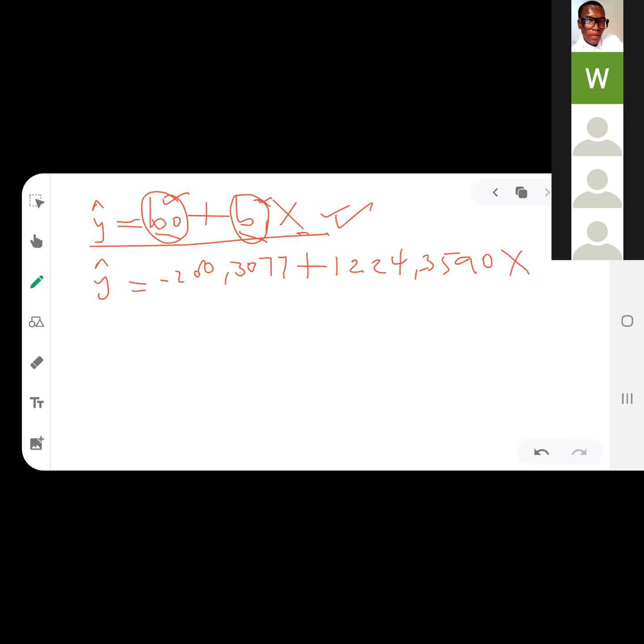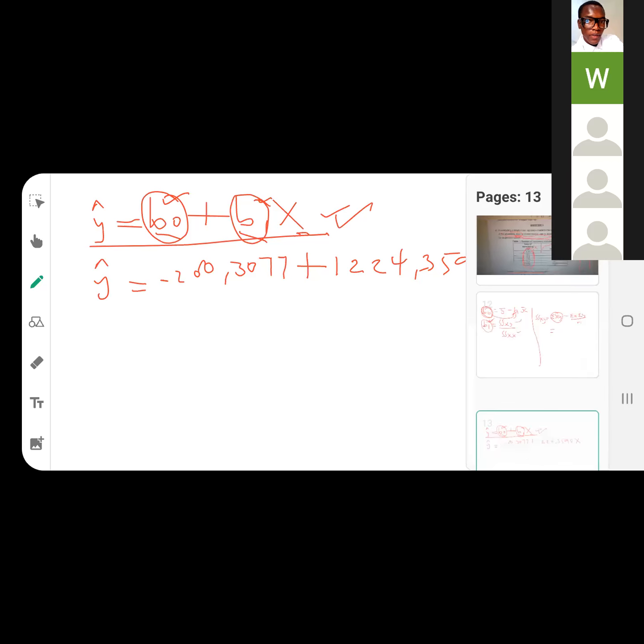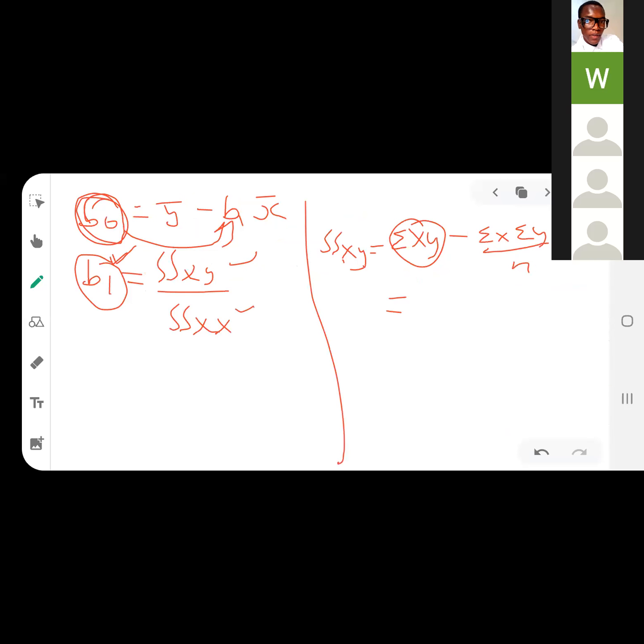You got all these values from your calculator. So let's go and calculate. We are calculating SSXY; we want to find B1. For the sum of XY, you press shift, 1, and then you go to option 3, which is written sum.